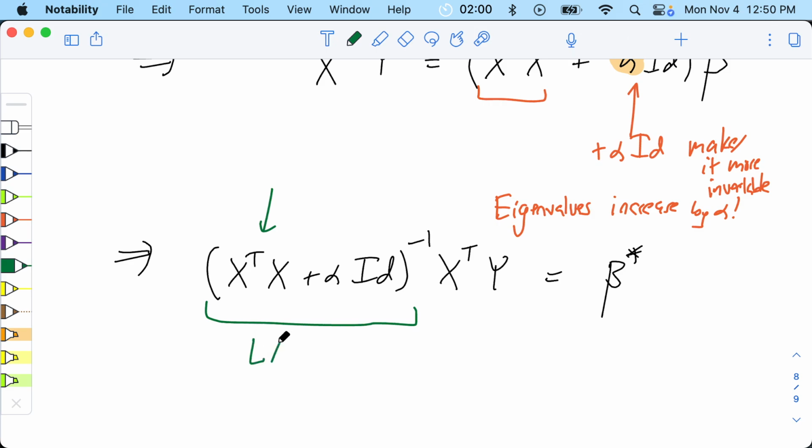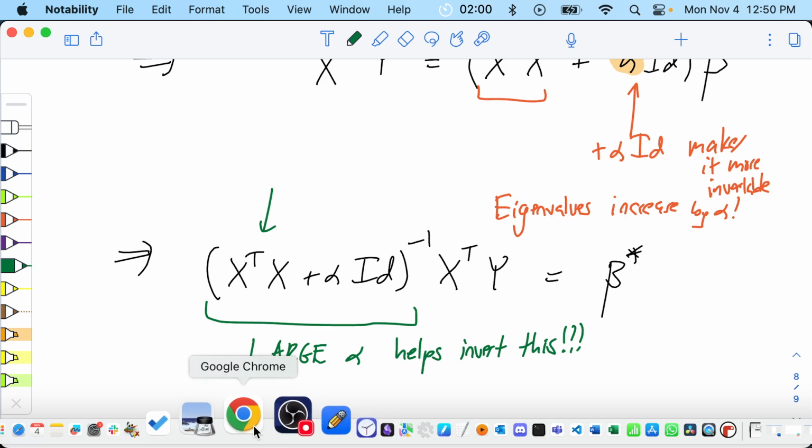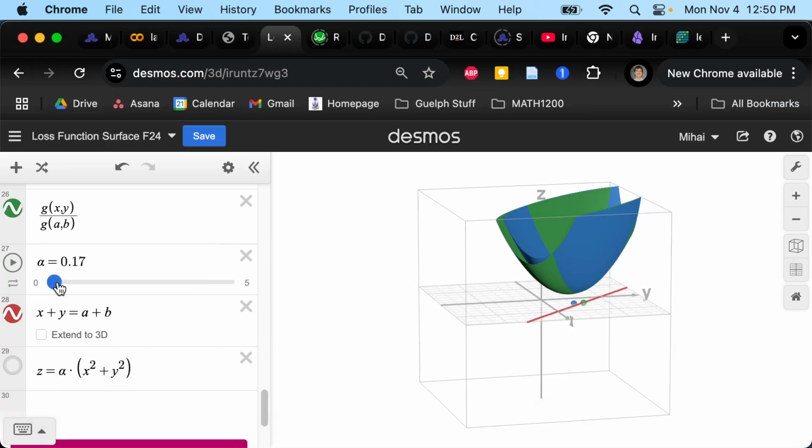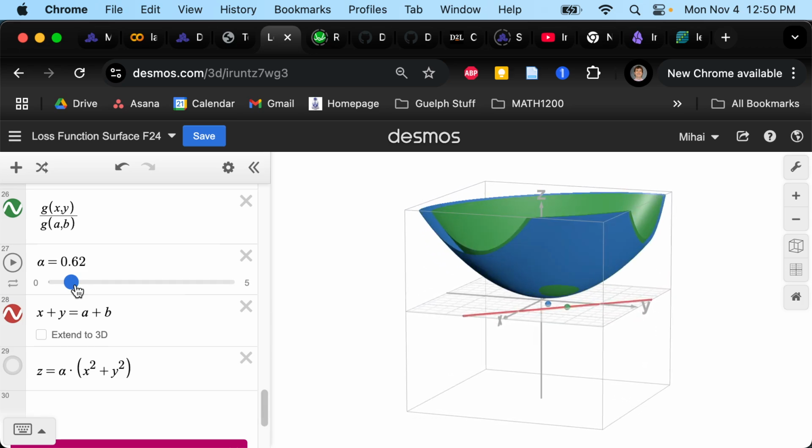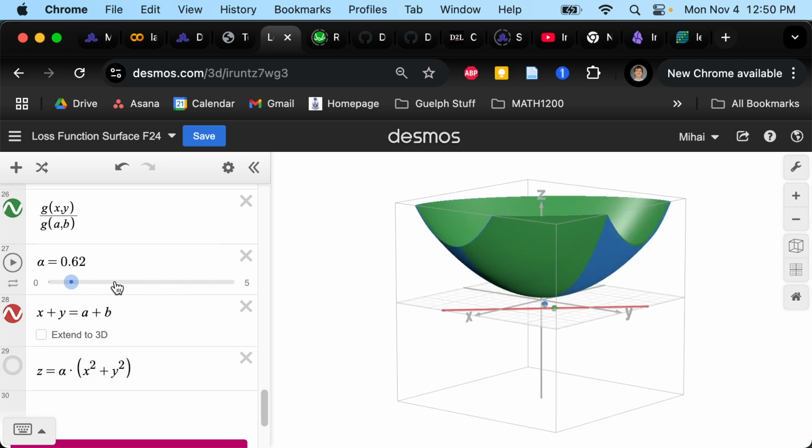And so large alpha helps invert this. So this is useful mathematically and visually. That's the math version of what I showed you with the picture: just increasing the alpha value makes this thing rounder and easier to invert. So that's why this helps.